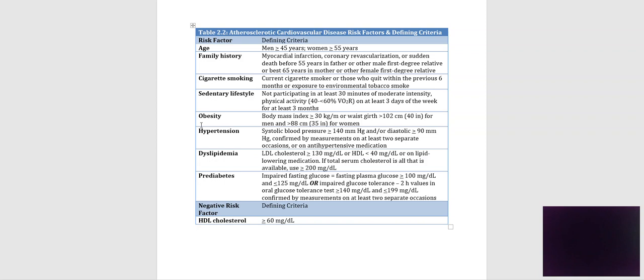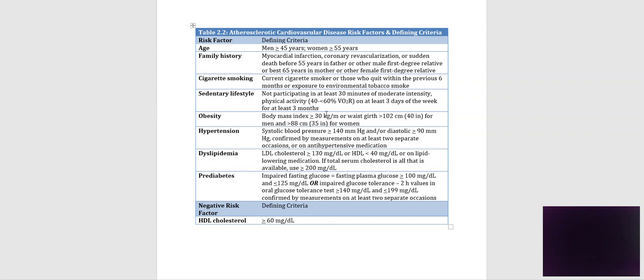Obesity is the next risk factor, and this is based on body mass index and also waist circumference. So the body mass index for this is if they are greater than 30 in men, then they are considered obese, or, same thing, also greater than 30 BMI for women, then they are considered obese.